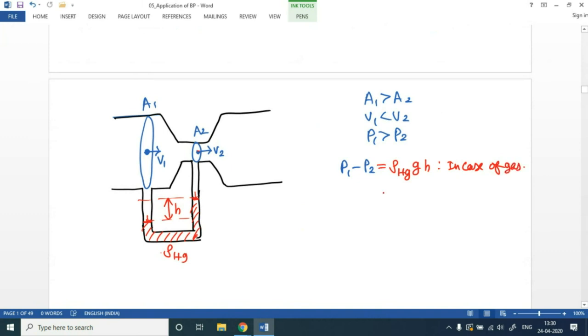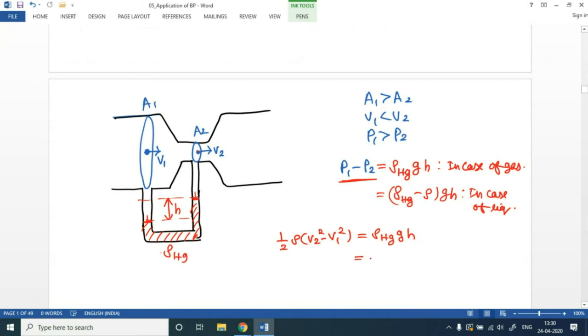And if it is liquid, that term will be rho Hg minus rho into g into h. Using Bernoulli's principle, this P1 minus P2 term is going to be equal to half rho V2 square minus V1 square, and this would be equated to either rho Hg into g into h, or rho Hg minus rho into g into h, depending upon what is flowing in this pipe.